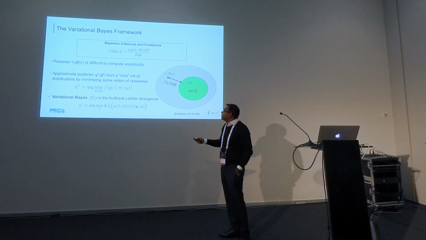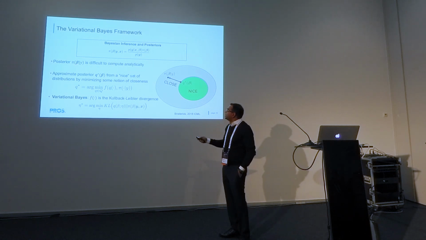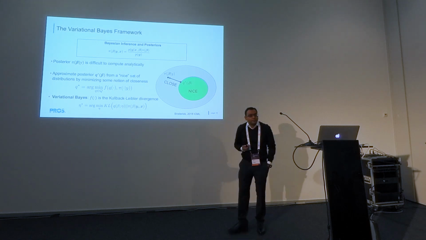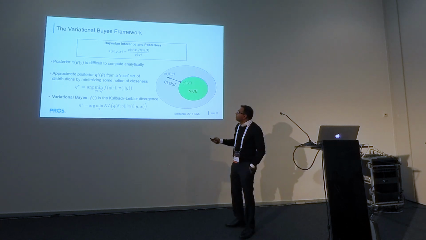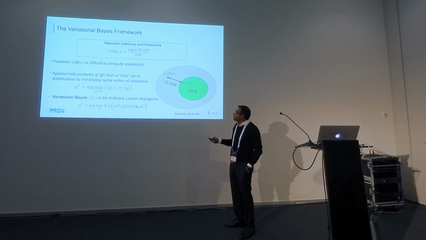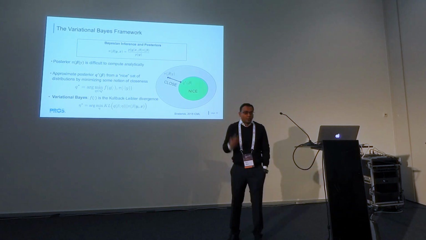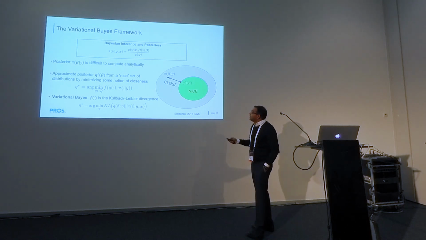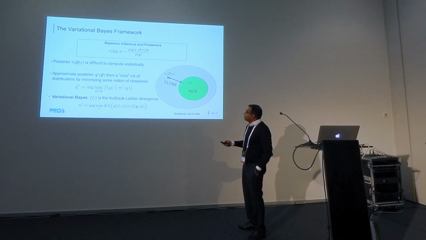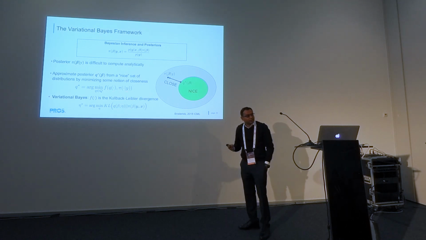Suppose you have a posterior on your parameter beta, which is difficult to compute analytically. What you do is approximate this posterior by some nice set of distributions denoted by Q. By nice, most of the time people stick to the normal family of distributions. You try to find an approximate distribution by minimizing some notion of distance between the true posterior and the approximate distribution.